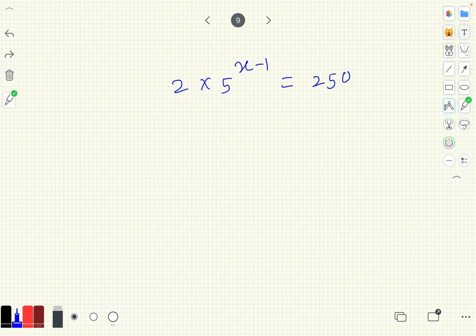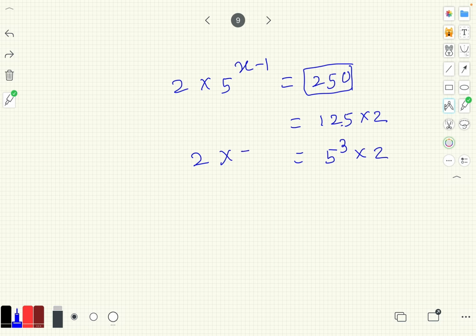Try whether you can write 250 as a product in the base of 2 and 5. Yes, let's see. 250 you can write as 125 times 2. 125, can you write in the base of 5? Yes, exactly. So you can write 5 to the 3 times 2, and that must be equal to 2 times 5 to the x minus 1.